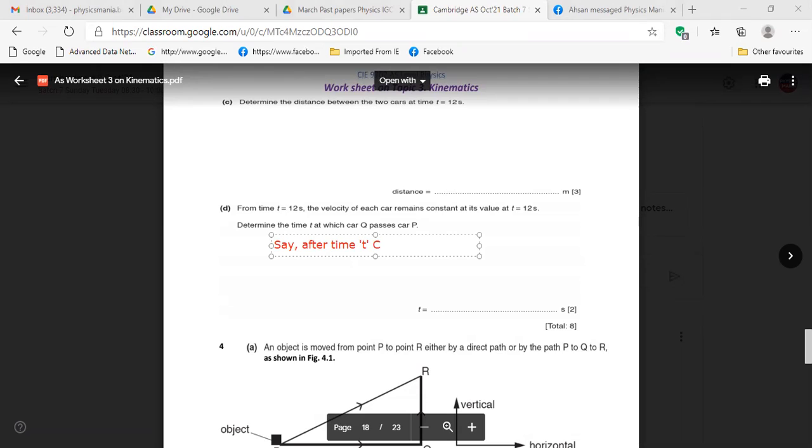Car Q passes car P. Just we are thinking this way that after time t, car Q passes car P. So after this time, the distance traveled by Q and by P we can find, right?